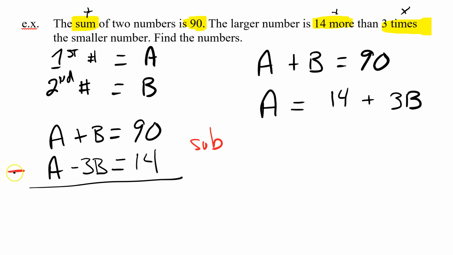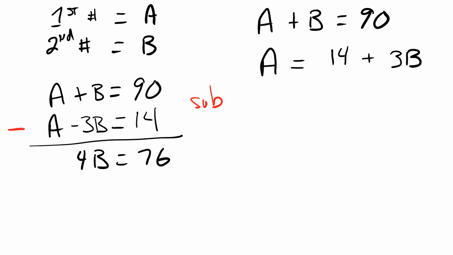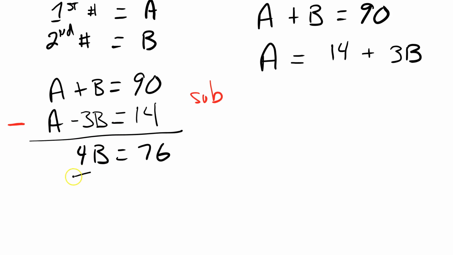Positive B minus negative 3B, two negatives, that's addition, so that's 4B, equals 90 minus 14, well, that's 76. So now I divide by 4, and I'll get my B answer. 76 divided by 4, well, that's 19. So I know my B, which is the second number, is going to be 19.